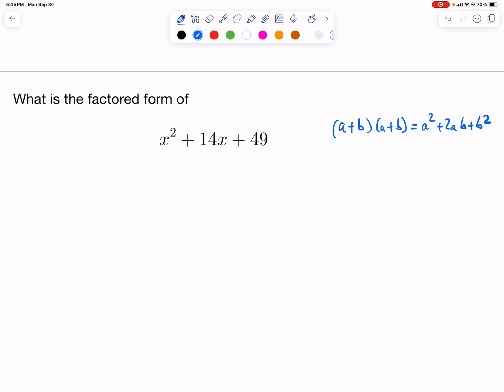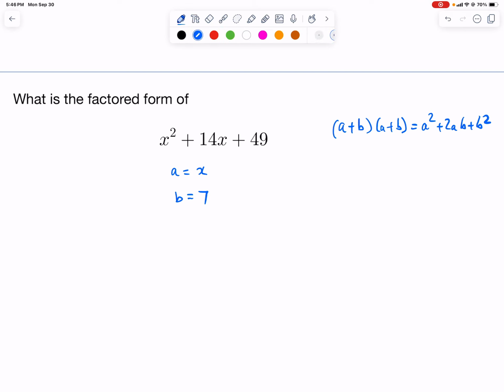So let's write that down. My a here is going to be x, and my b here is going to be 7. How did I get that? I took the square root of x squared and got x, and then I took the square root of 49 and got 7 for b.